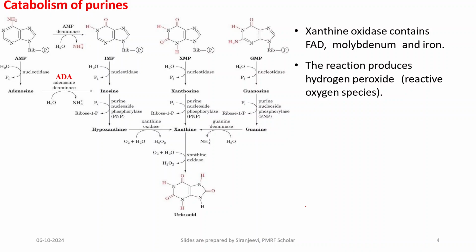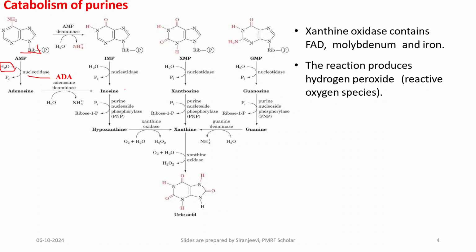degraded in the body. One such example is in the catabolism of purines: the respective nucleotides, AMP, IMP, xanthosine monophosphate or guanosine monophosphate, in the presence of nucleotidase and H2O, will be converted to the respective nucleosides. So one phosphate molecule will be removed, and then the respective adenosine, inosine, xanthosine, and guanosine will be formed.